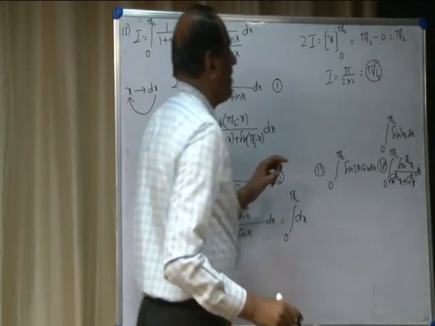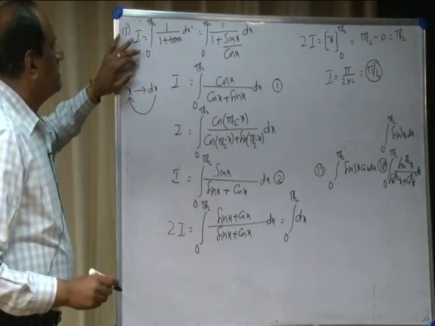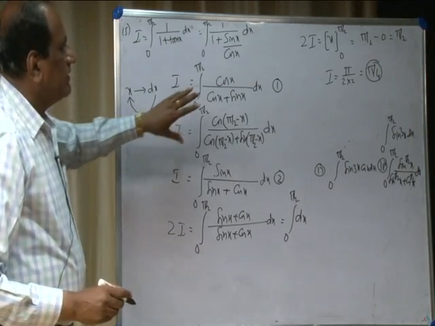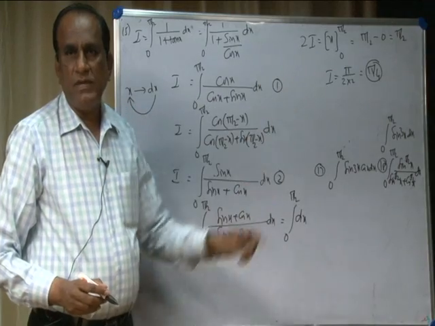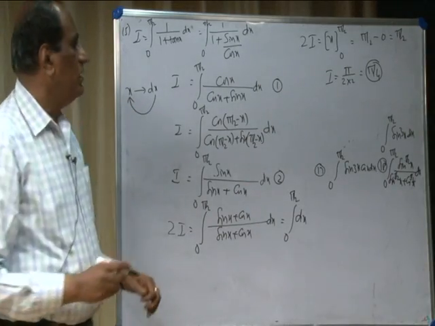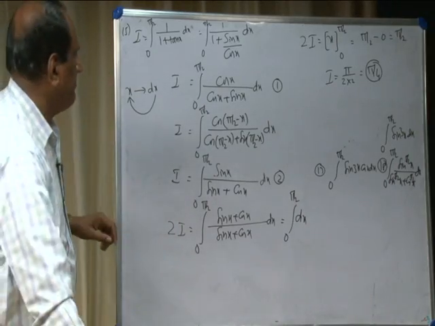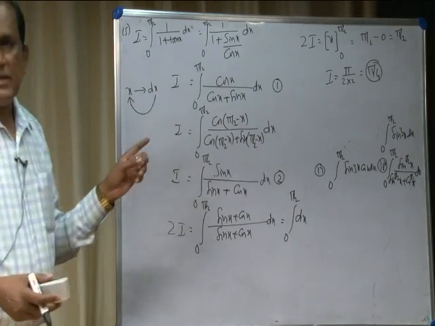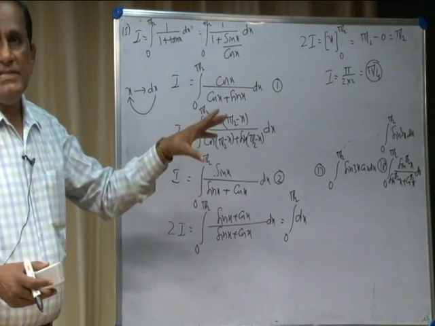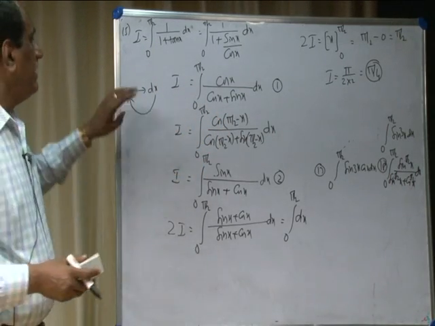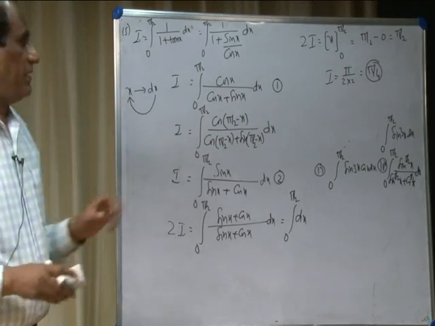So, this is the value of the given integral from 0 to pi by 2 of 1 by 1 plus tan x. I applied the property, that is integral from 0 to a of f of x dx is equal to integral from 0 to a of f of a minus x dx. In the last class I explained the property, by changing the variable from x to t, the value of the integral remains the same. Here I explained another property.